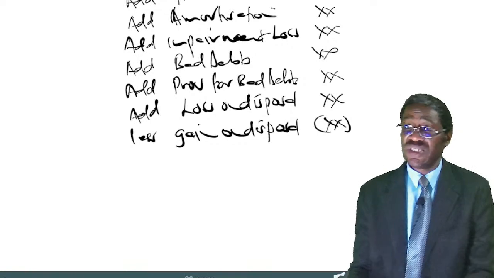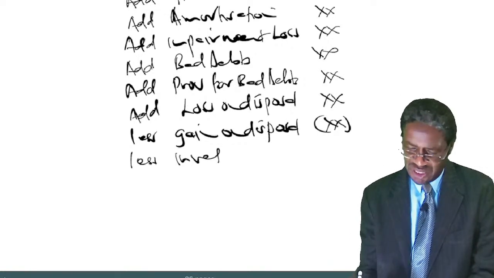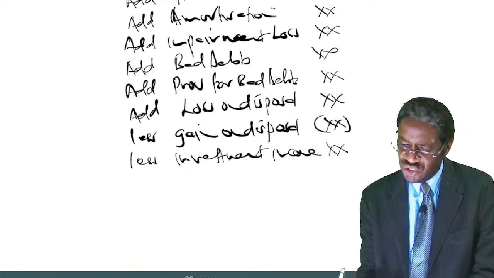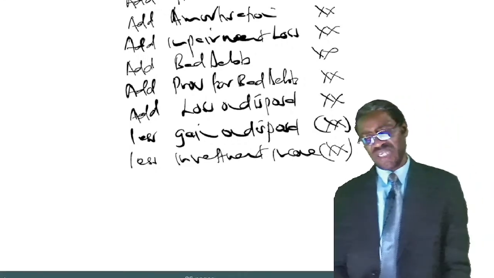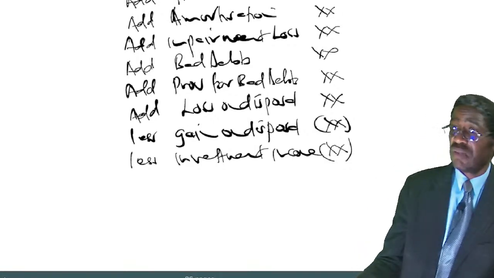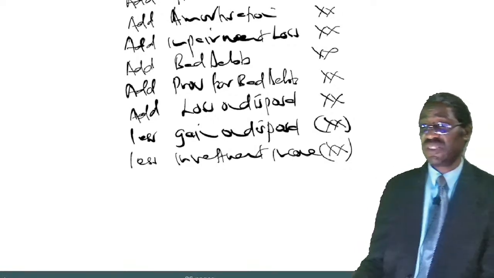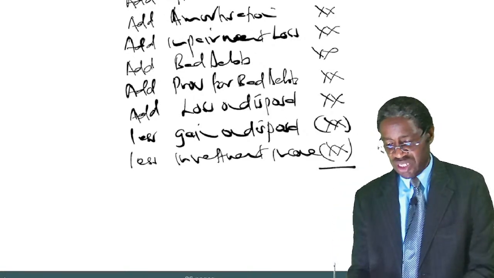Let's now put in that student's amount. Less investment income. Let's just put it there to remind you that it is not an operating item. I have not said it's not a cash item. It's a cash item, but it's not an operating item. I'm only taking it to where it belongs. Good. Then you get the net.